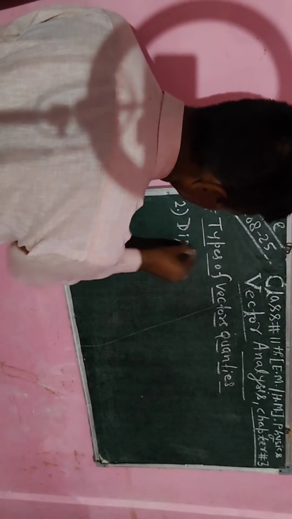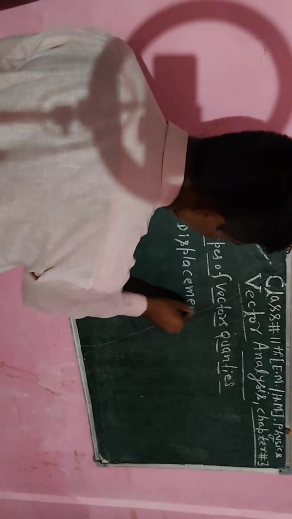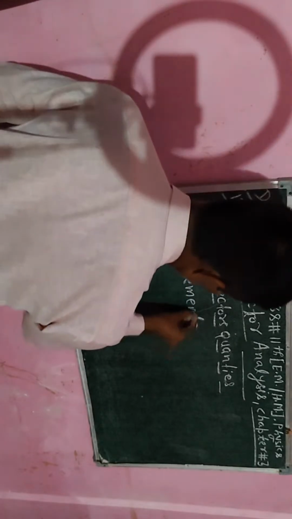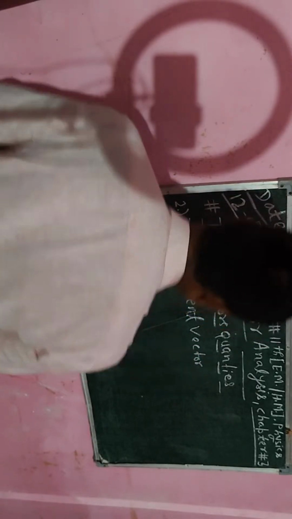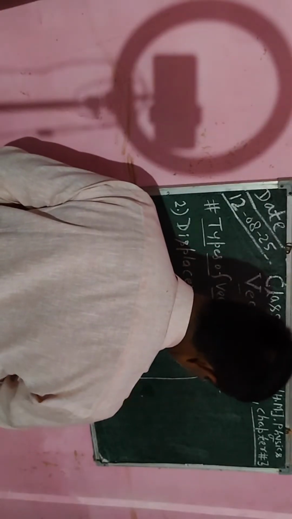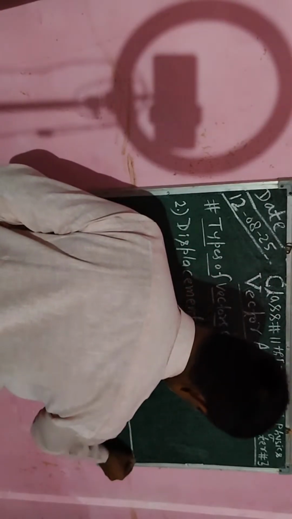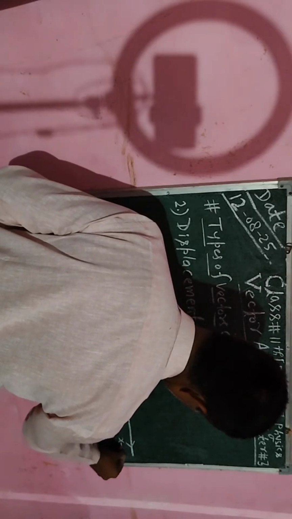What is the concept of displacement vector? Here I am drawing one axis along the x-axis. So I will say this is the x-axis.